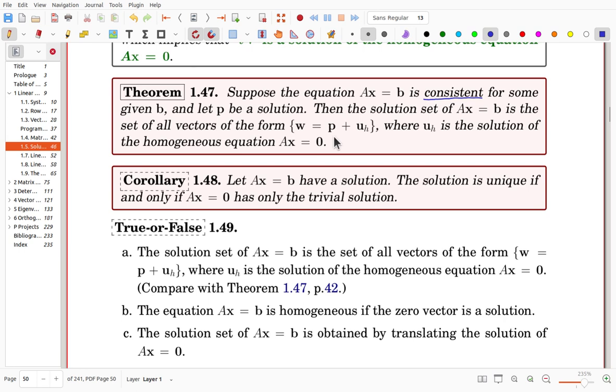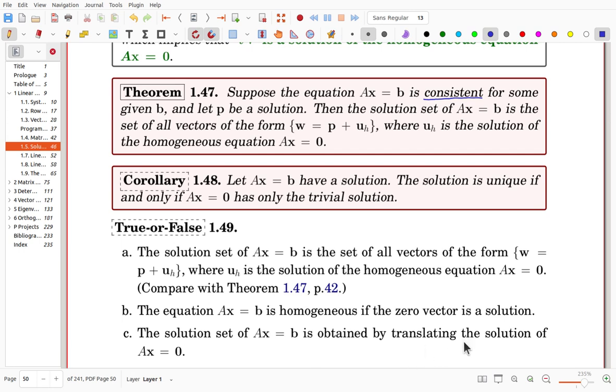The p is the translation vector. So that is true when we add the condition that this system is consistent. But without saying consistency it is wrong, because from the beginning it may not have any solution, so in that case we cannot say this.